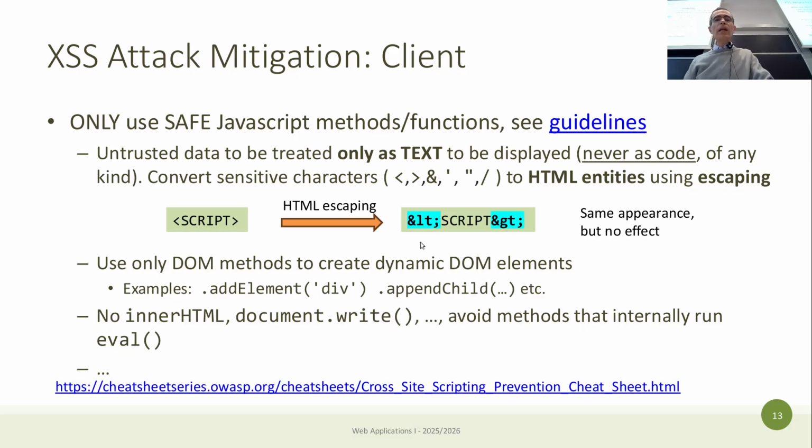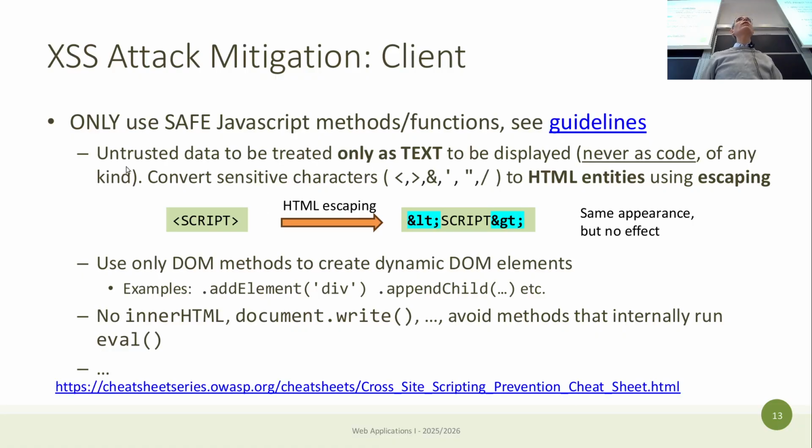And in this way, the content is not interpreted as if it was a tag, or if it was a slash for a URL or a quotation and so on, but it's just something to be shown. Something to be shown that will never be executed, regardless of what it represents. So same appearance, exactly the same appearance, but has no effect from the point of view of the execution of the code.